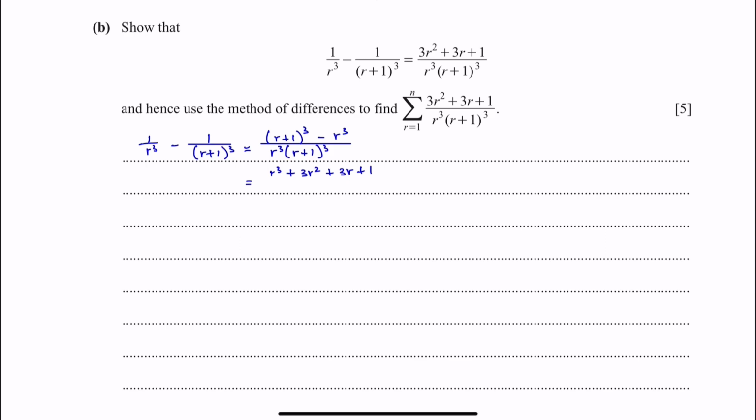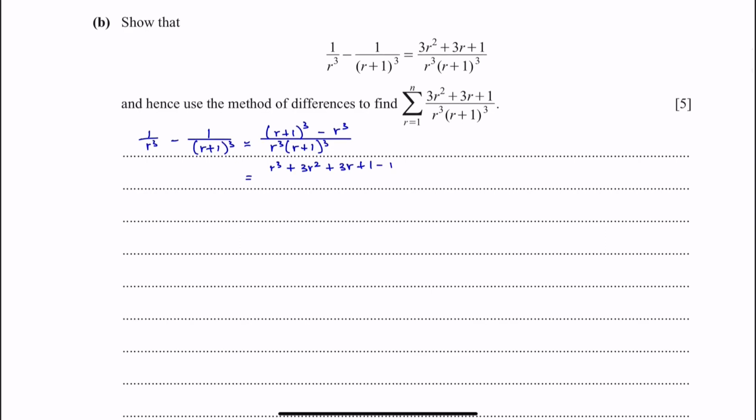Basically just expand the bracket using binomial expansion. And finally we have minus r cubed over r cubed times r plus 1 cubed. So we will get 3r squared plus 3r plus 1 over r cubed times r plus 1 cubed, which is exactly this one.